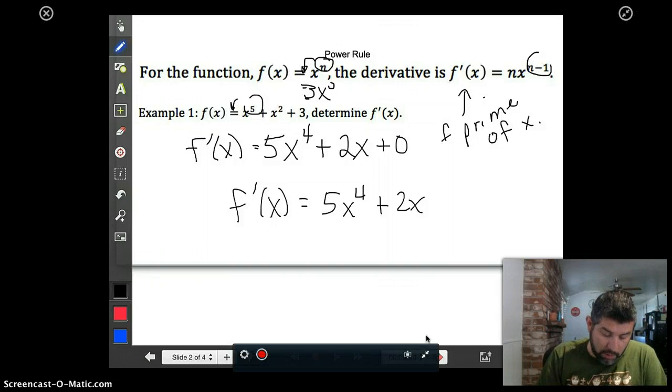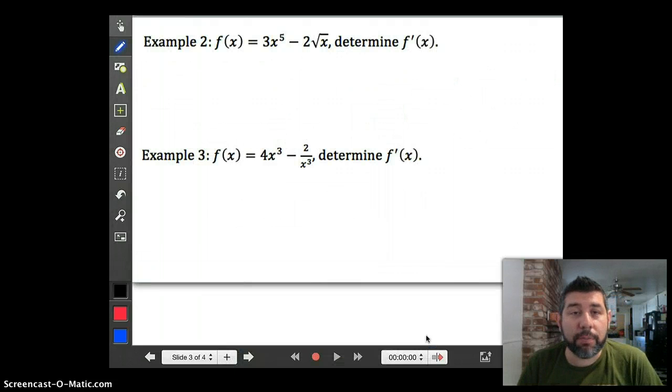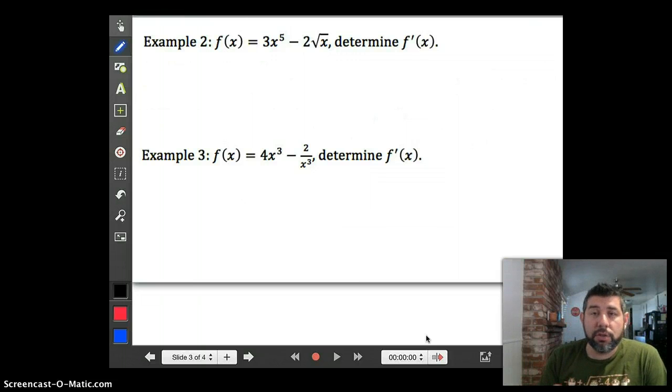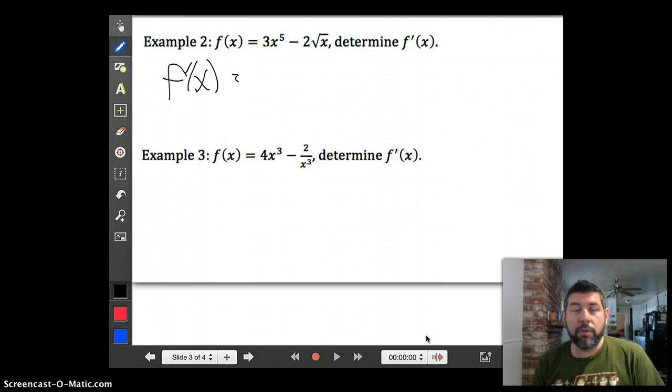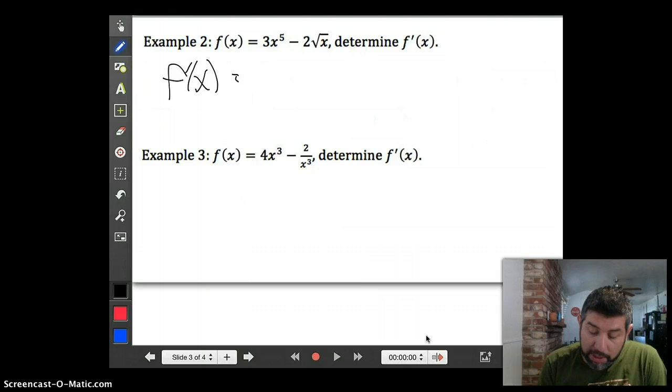Okay, so let's take a look at two examples. f of x equals 3x to the fifth minus 2 root x. Determine the derivative f prime of x. We bring down the 5 and multiply it by the 3, so we get 15x, subtract 1 to get the fourth.